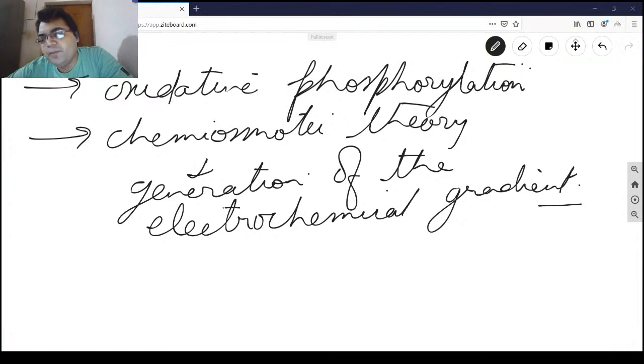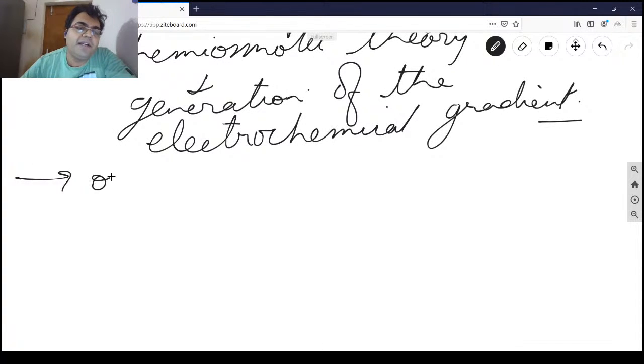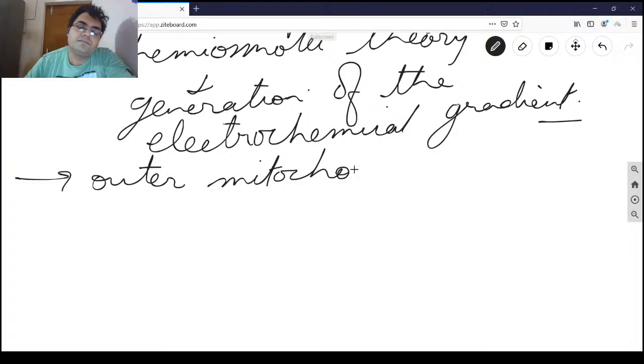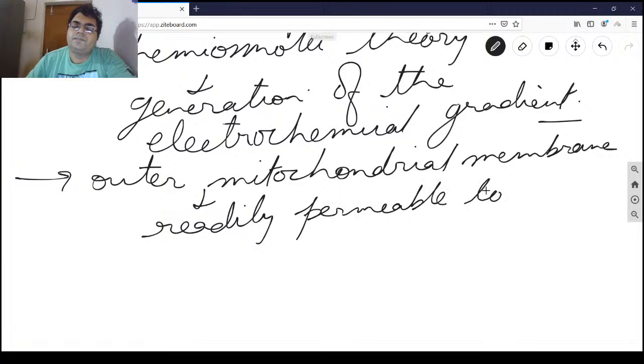These channels are formed by integral membrane proteins. So always know for a fact that the outer mitochondrial membrane is readily permeable to ions and small molecules. Very important.